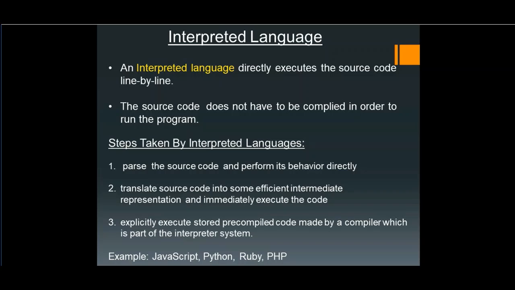Okay, as I've told you, you have a line of code in JavaScript, you'll execute each code line by line, okay, as it goes from top to bottom. And lastly, explicitly execute stored pre-compiled code made by a compiler, which is part of the interpreter system.